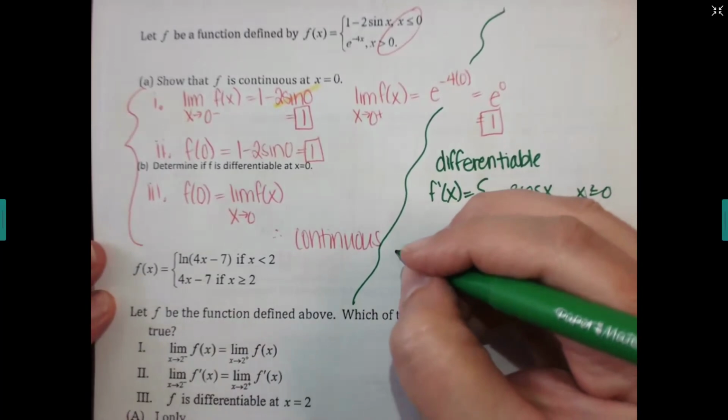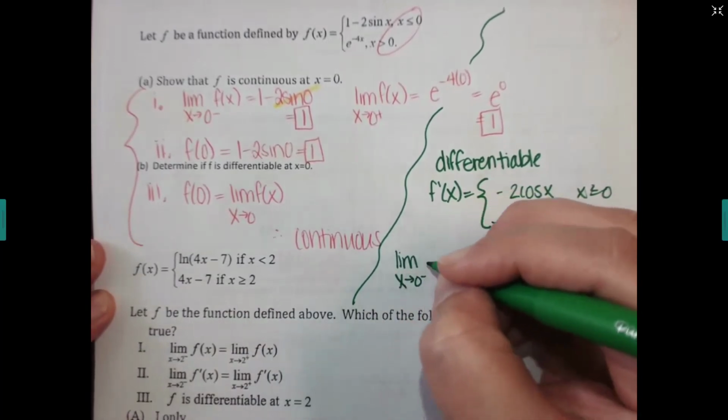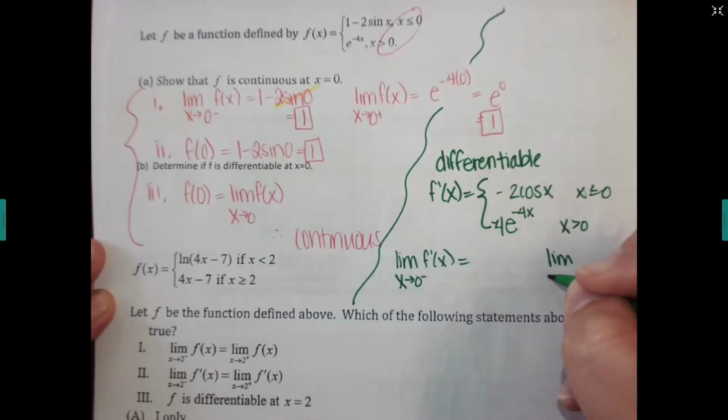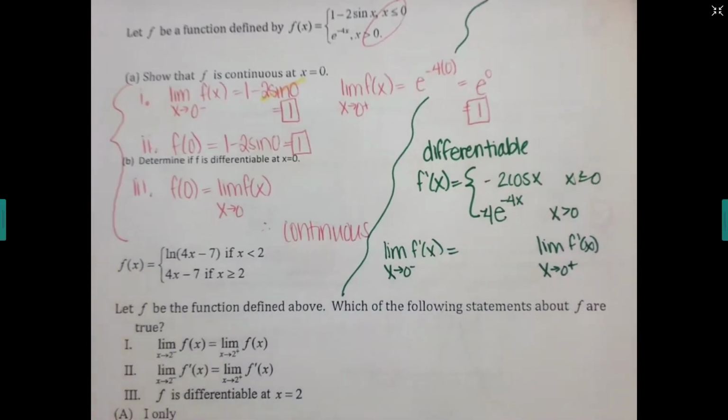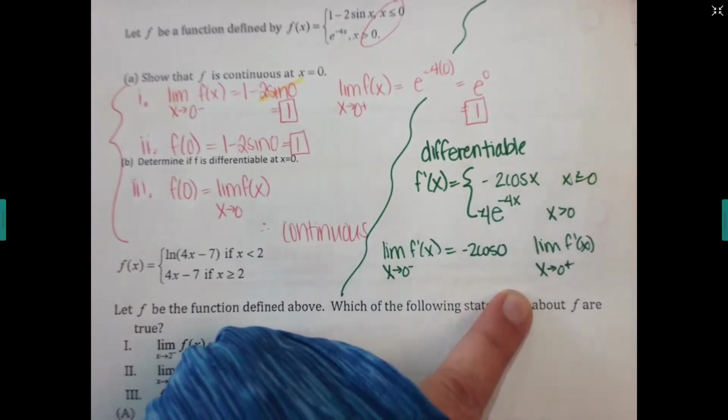So write down your limit as x approaches 0 from the left of f prime, and then your limit as x approaches 0 from the right of f prime. Plugging in a 0 on top, I'd have negative 2 cosine 0. What did we say the cosine of 0 is though?